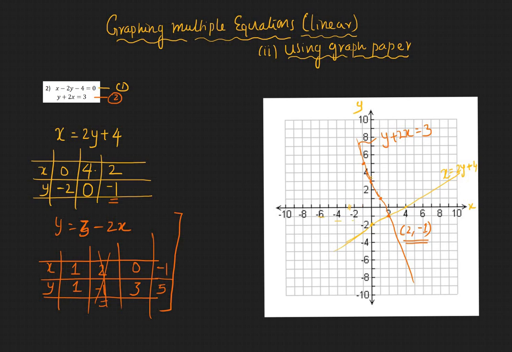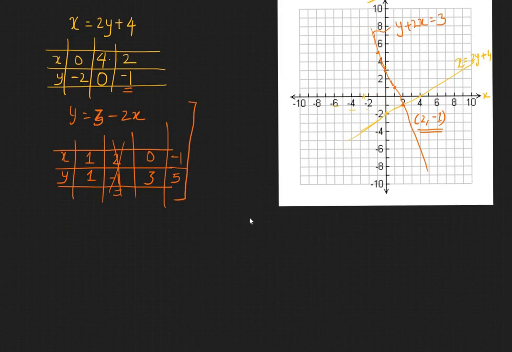You can check whether 2, -1 is indeed the meeting point. So you can write the lines meet at 2, -1. You can do the check.